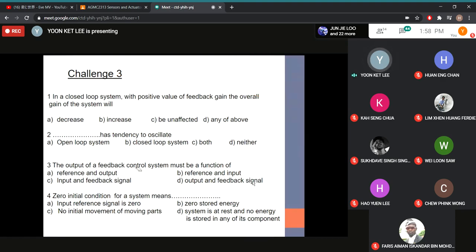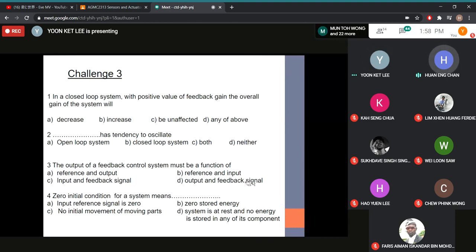So a feedback control system must be a function of what? Reference and output, input and feedback signal, reference and input, or output and feedback signal? Which one is more appropriate?